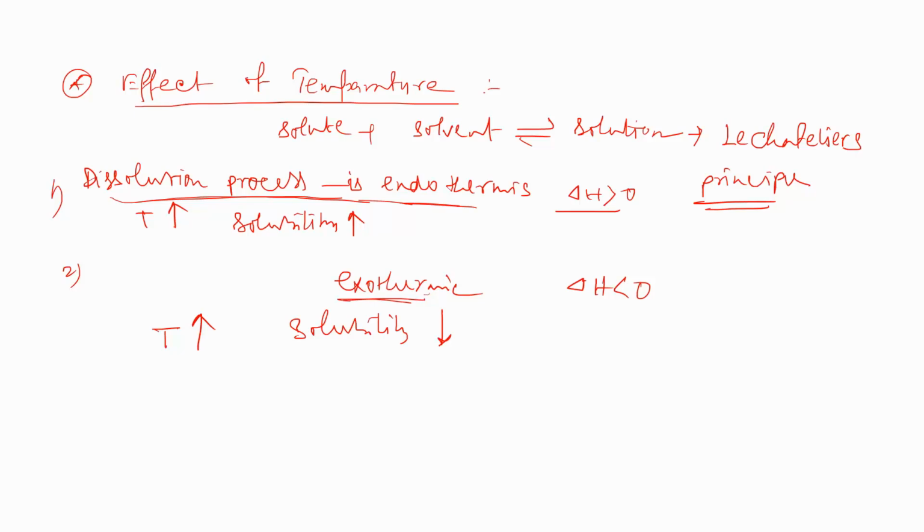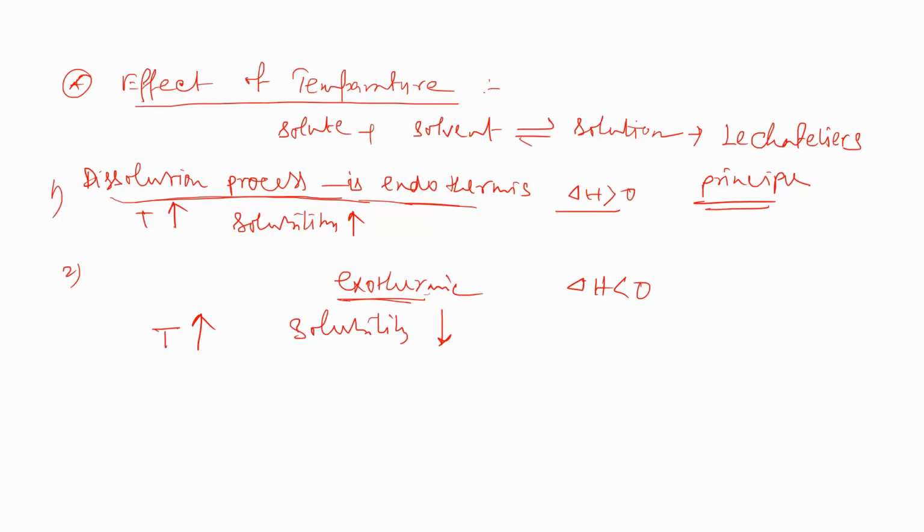When the dissolution is happening, some amount of heat is released from the system. That's why delta H is less than 0. So in this case, if I increase the temperature, solubility will decrease, because some amount of heat is released from the system, which means we do not need any added heat to dissolve.